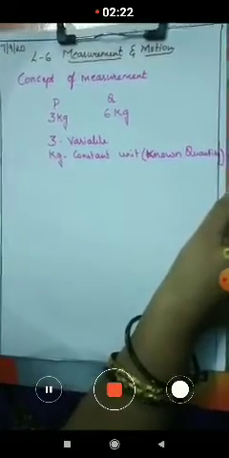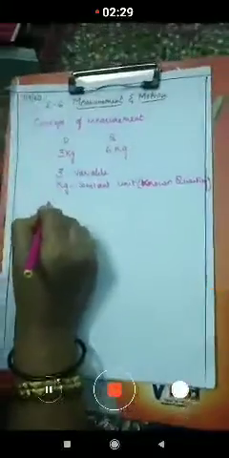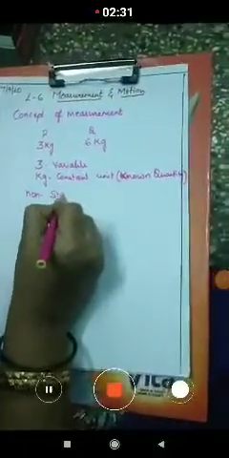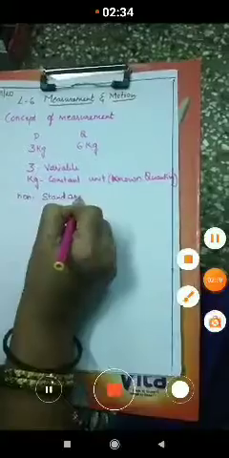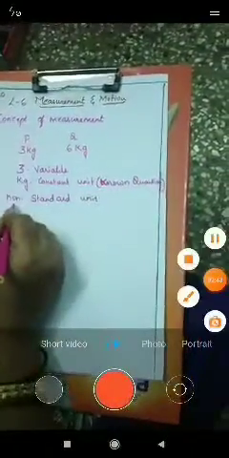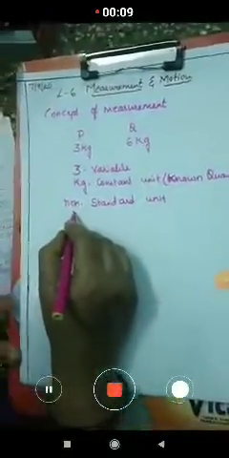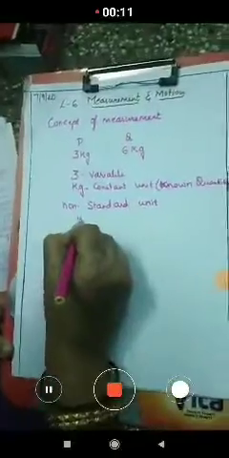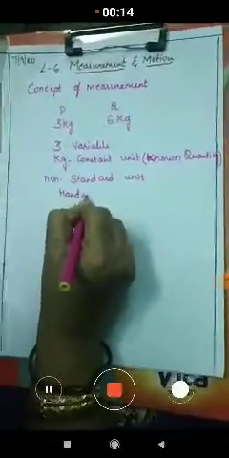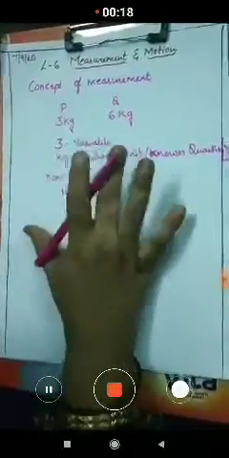After learning this, we moved on to the next topic. What we had learnt was the non-standard unit. The non-standard unit we used was the handspan, the distance between the little finger and the thumb.